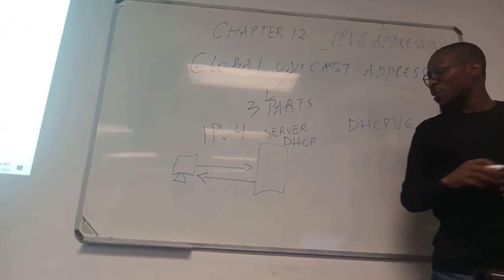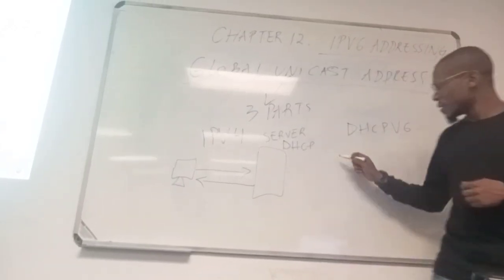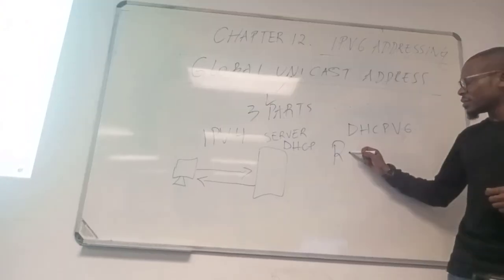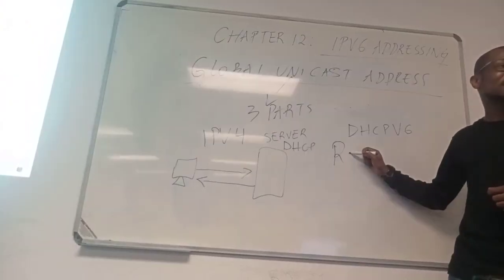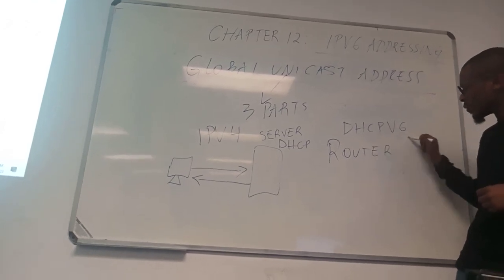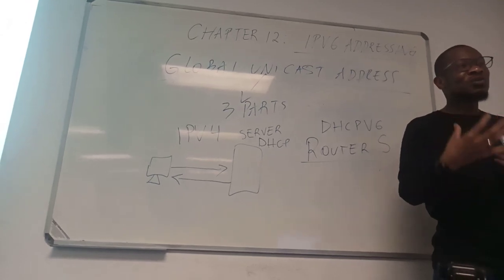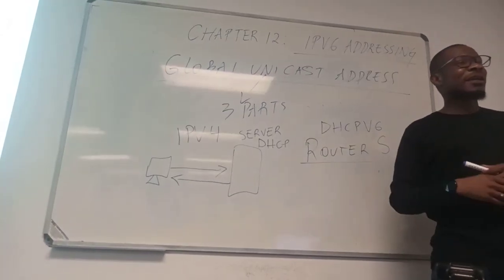What does it mean? Devices will ask using what we call router solicitation, and they will get a router advertisement. Router solicitation means you are asking for an IP address.